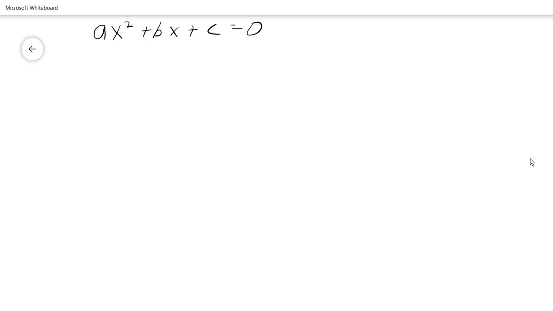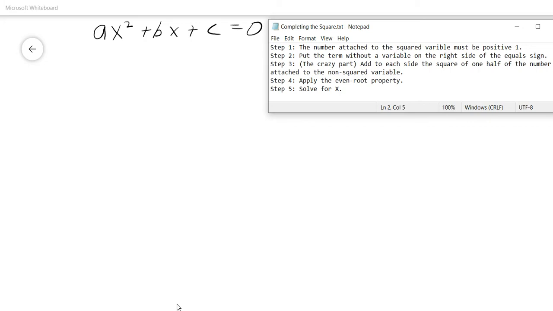I call this a roadmap. It shows you where the a's, b's, and c's are for when you're using the quadratic formula. But what I'm going to do here is use this ax squared plus bx plus c equals 0, and I'm going to do completing the square on it. And let's see what happens, you know, for the heck of it.